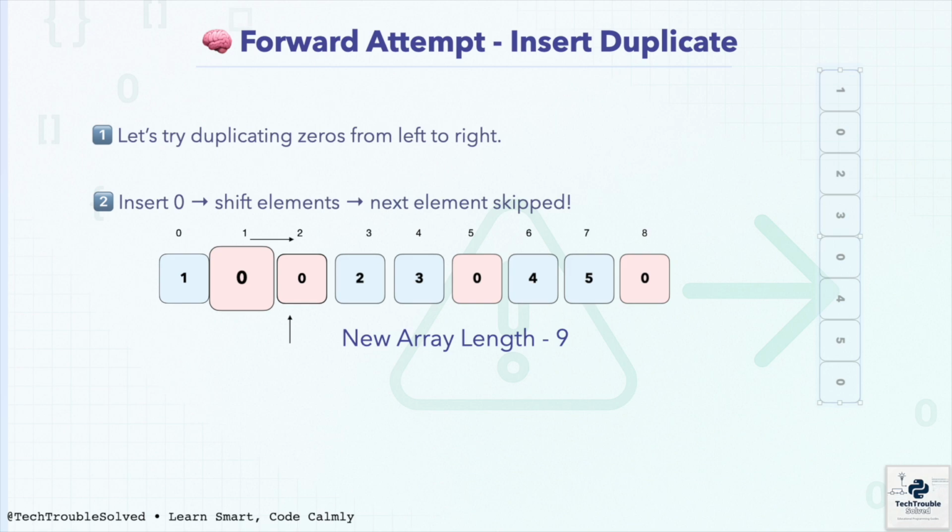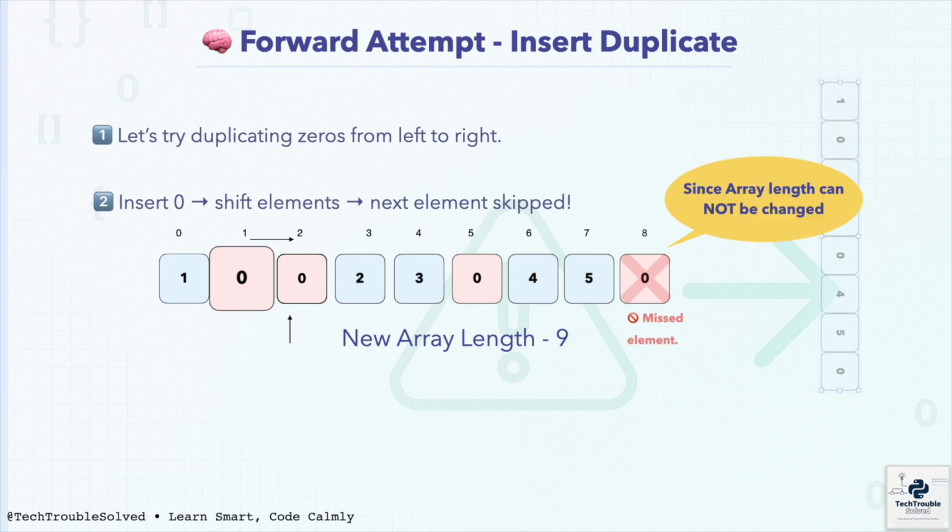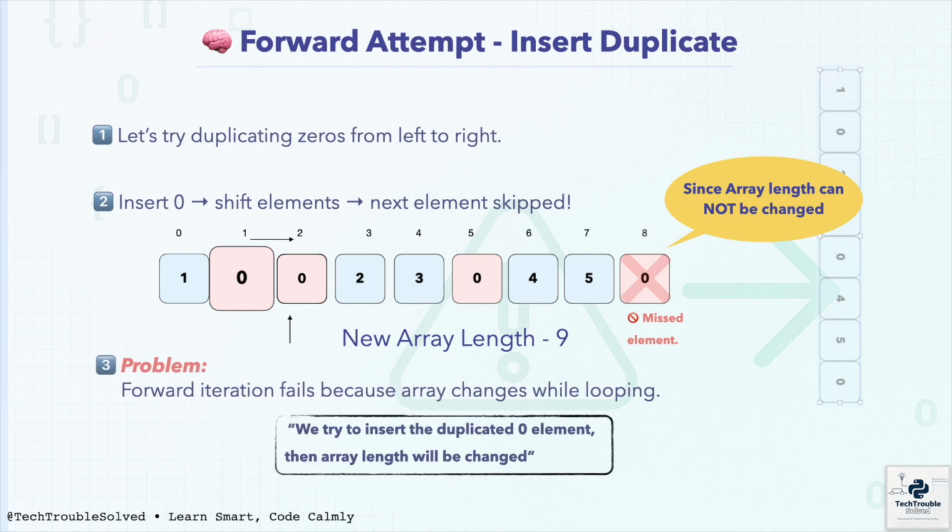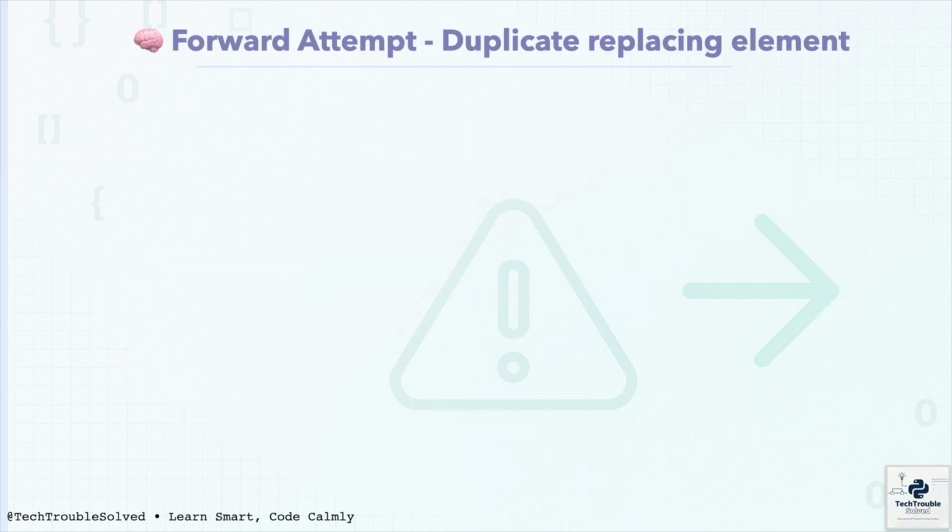But our condition clearly states that we should not increase the array length. That means at the first duplicated zero insertion itself, we have to skip the last element 0. That means our array elements got changed, which we might need at a later point of time. So we will end up with the wrong result. This is the classic forward iteration trap.